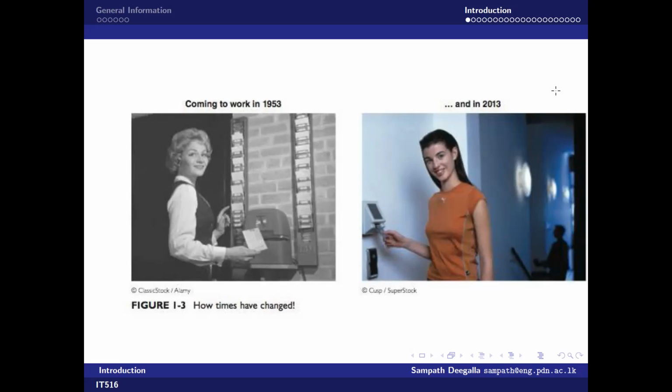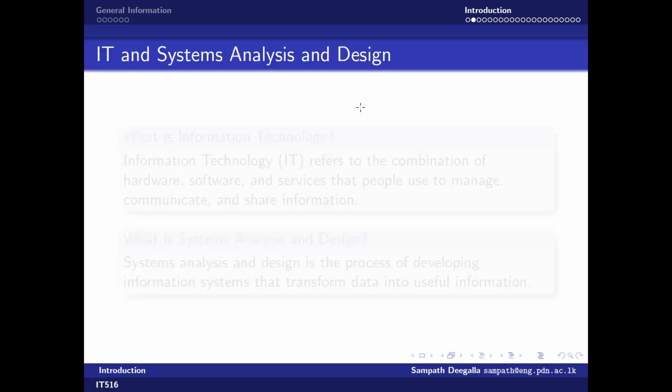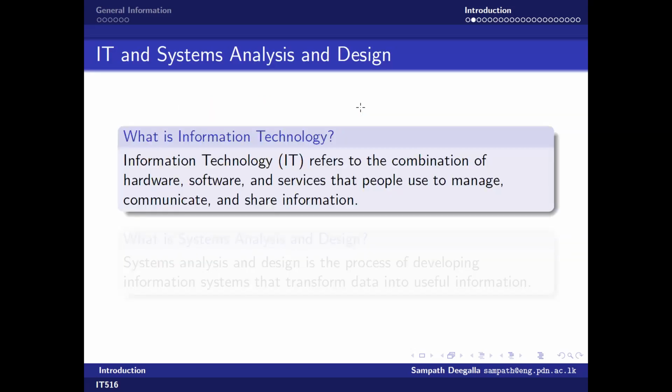So this has affected the IT industry, information technology, as well as the development of information systems. I think we need to understand how things changed and how that affects the development of information systems. Right. Now, first of all, I hope everybody is familiar, since you have the IT background.